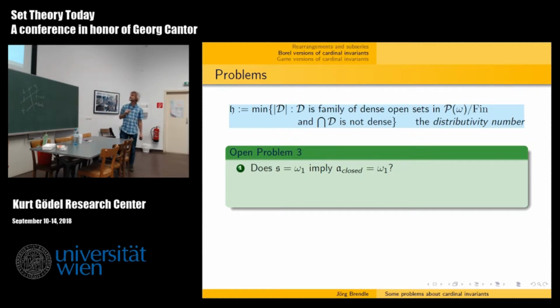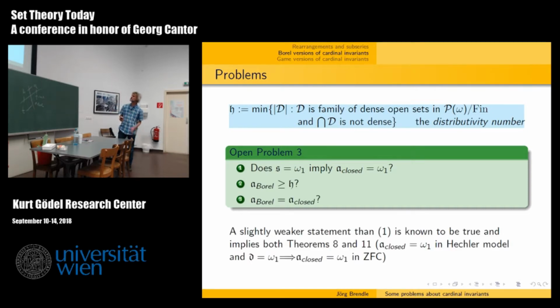This is almost true. Actually, let me continue, because I wrote this here at the bottom. A slightly weaker statement than this one is true, we know that. We have a little bit of a strengthening of s = omega 1, basically having a sequence which is eventually splitting, of length omega 1, something like that.